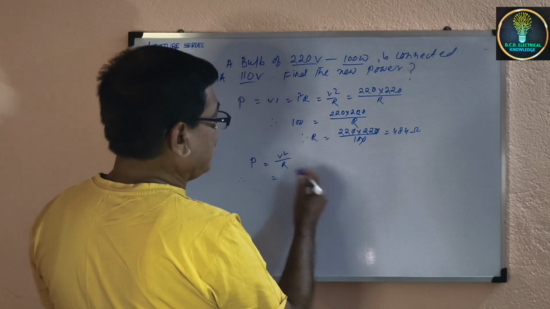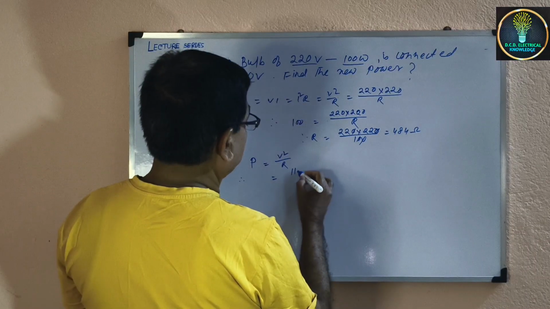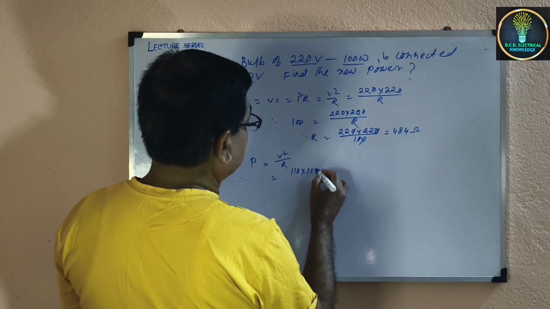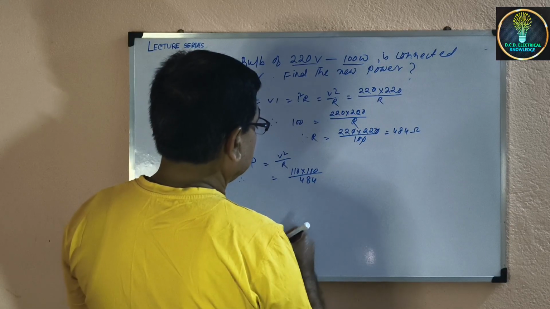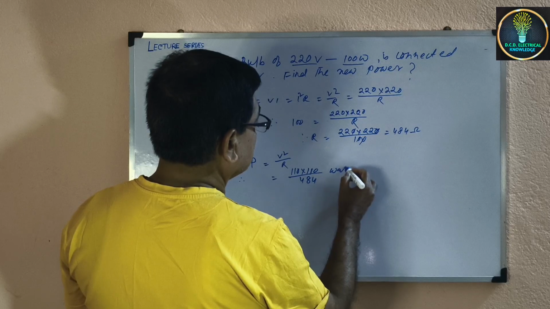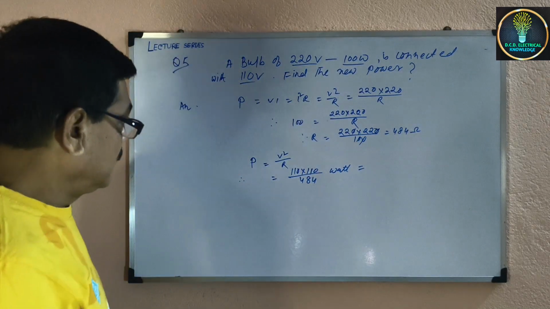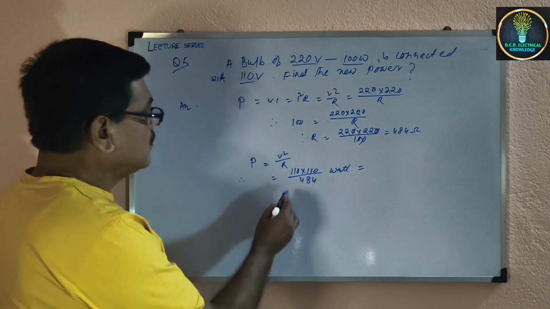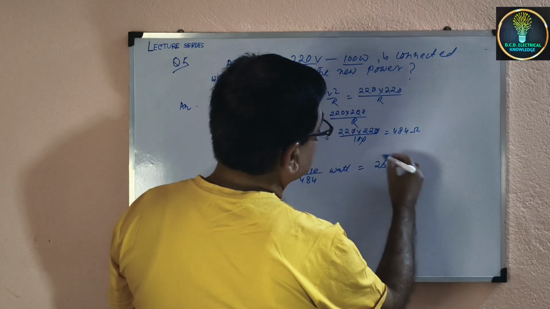So V is equal to 110 into 110 by 484 watt. It becomes 25 watt.